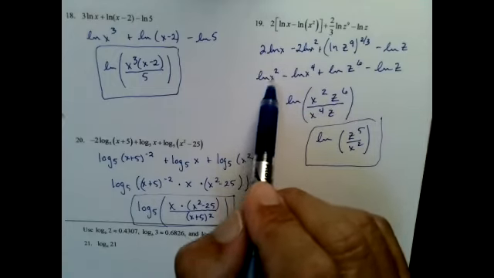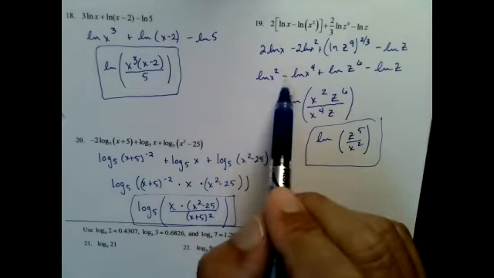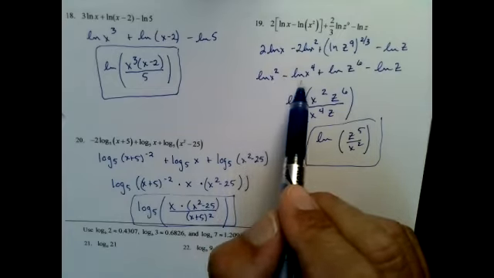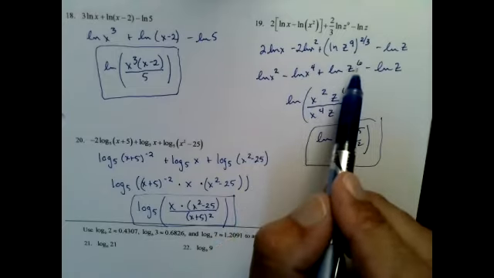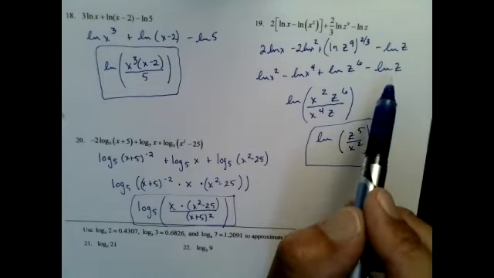This becomes the natural log of x squared minus natural log of x to the 4th. 9 times 2 is 18 divided by 3 is 6. And that stays as is.